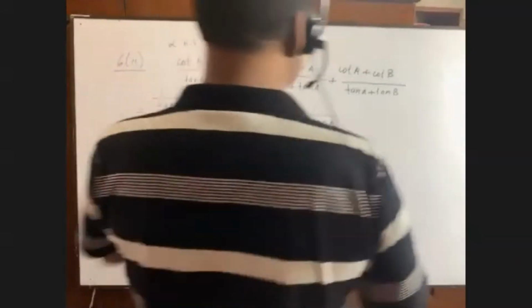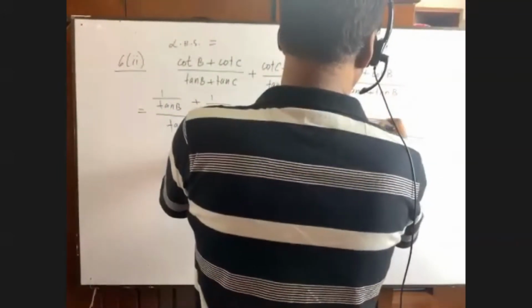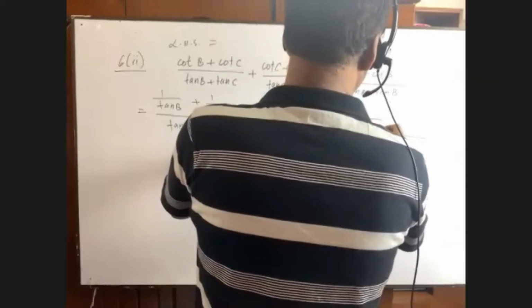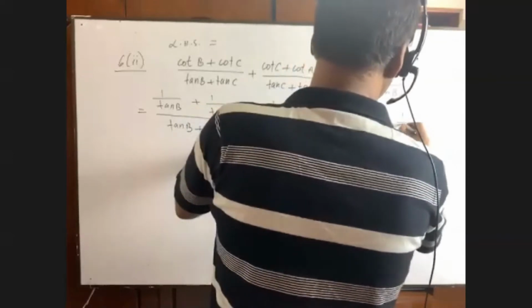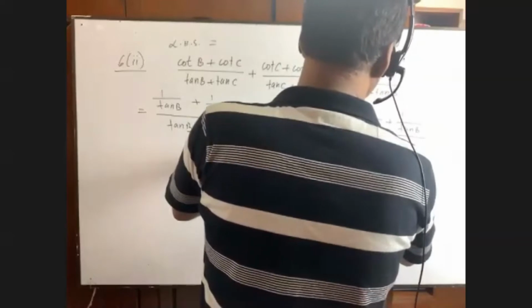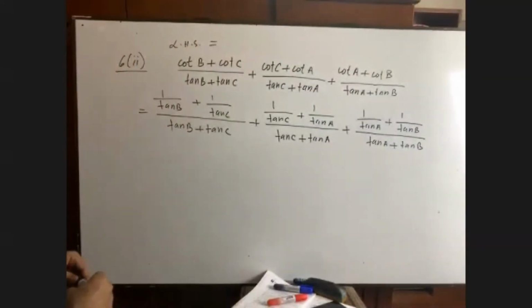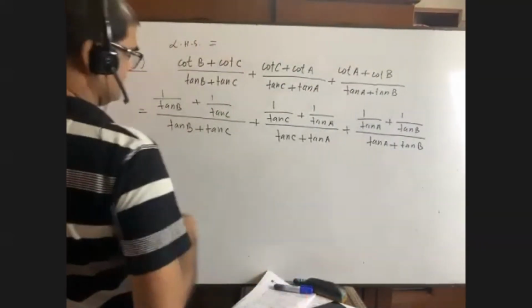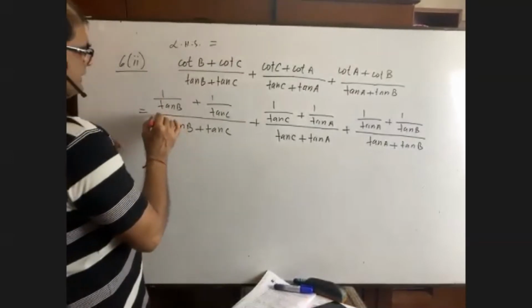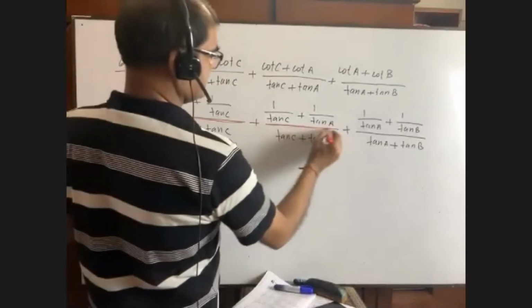Now we are getting here cot A, 1 by tan A, plus 1 by tan B, by tan A plus tan B. Is it okay? Just to show you the difference, I am giving here a sign so that you can easily get it.